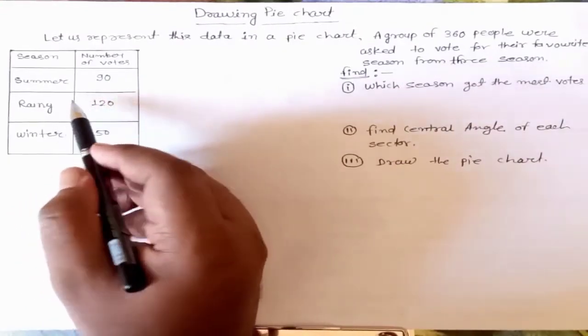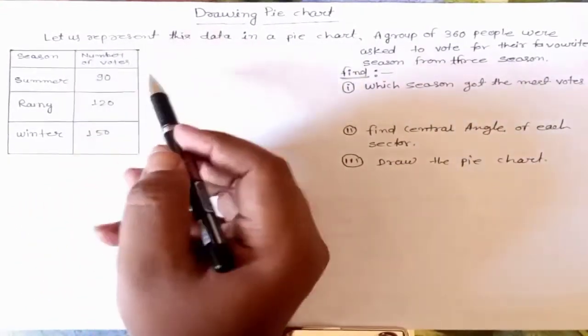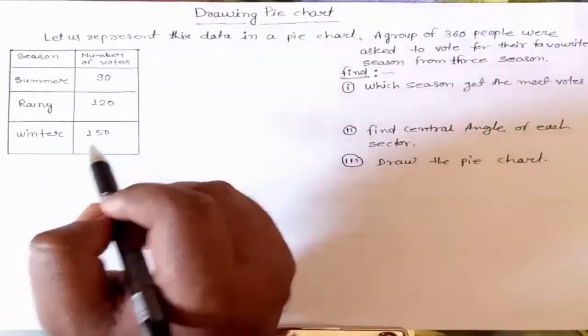What we have to do is make this a proportional table, right?